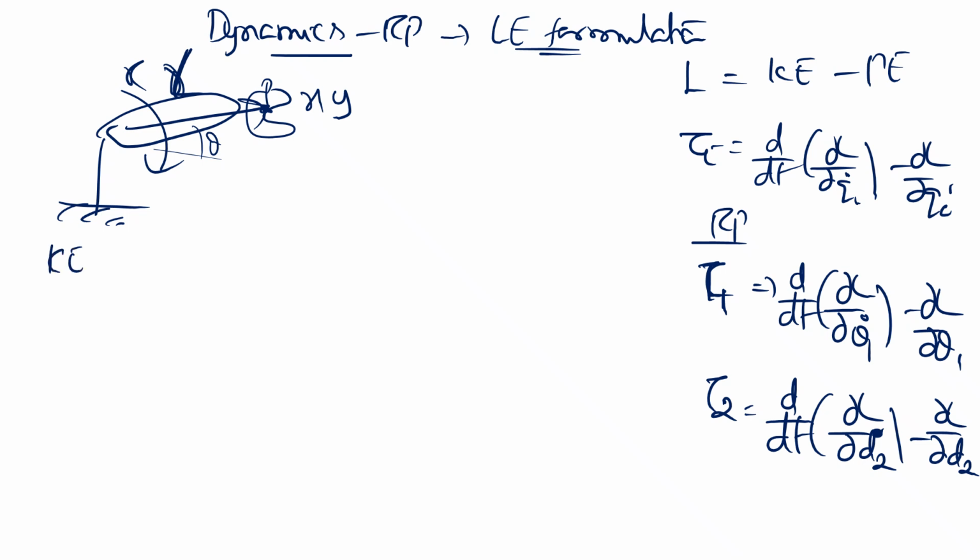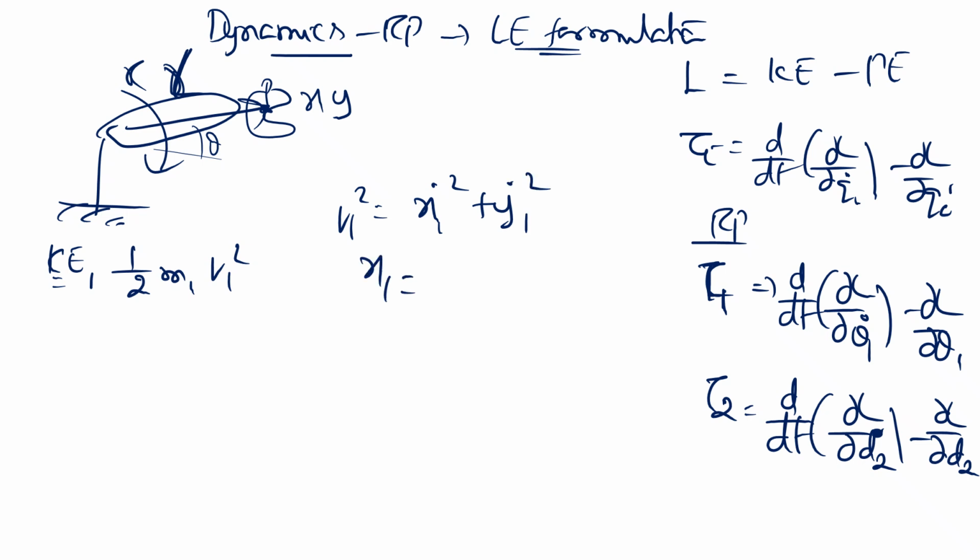First we have to derive the kinetic energy. Kinetic energy 1 is equal to half m1 v1 square. So what is v1 square? v1 square is equal to x1 dot square plus y1 dot square. We know that x1 is r cos theta, where r is the length and theta is the angle.